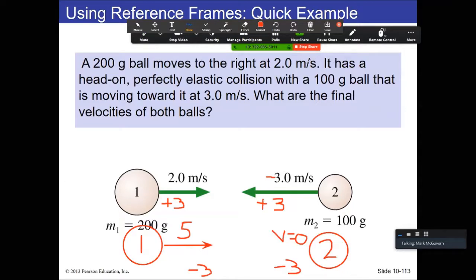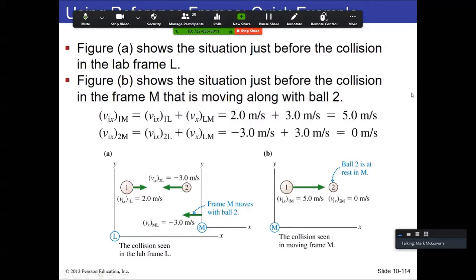Okay, so let's look at examples. Let's just get into that. Okay, so here's the first step. 3 meters per second, we're adding these to these velocities, right? So this is the ground frame on the left here, and on the right hand side is where we transformed into ball 2's frame.